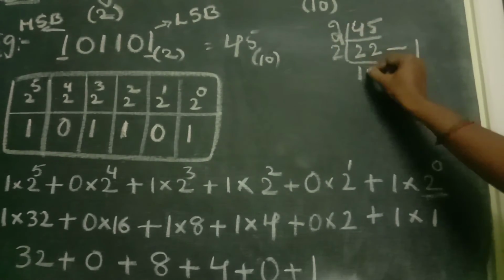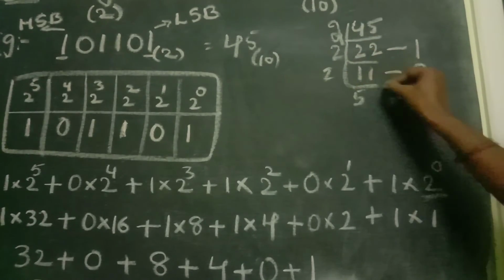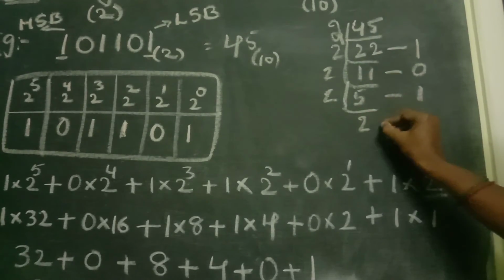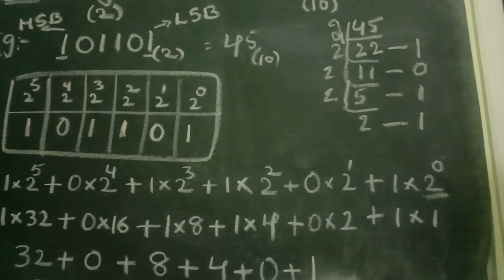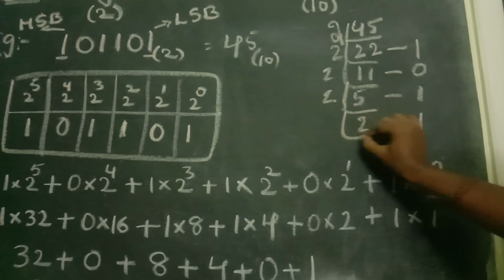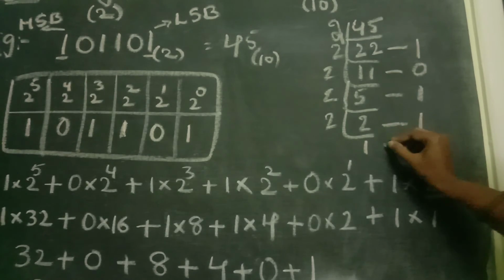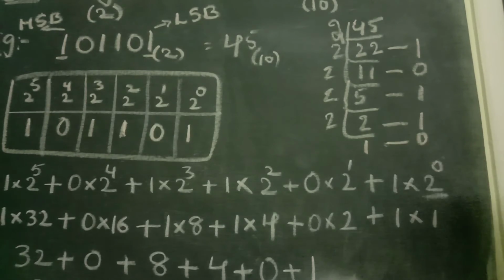Again 2 11s are 0. 2 5s are 10, remainder 1. 2 2s are 4. 2 1s are 2. So the remainder is 0.